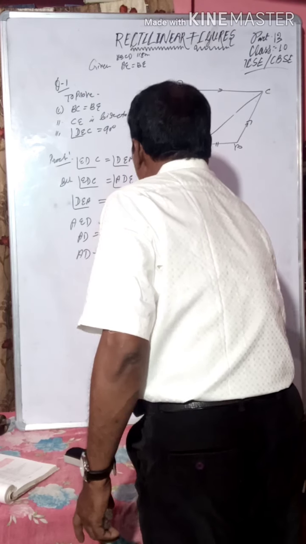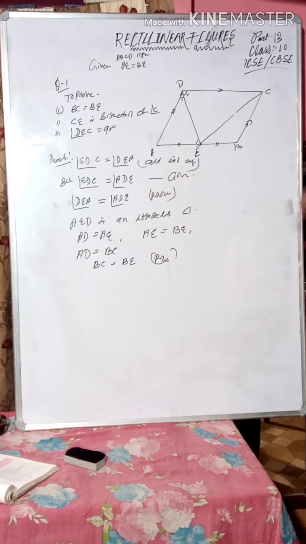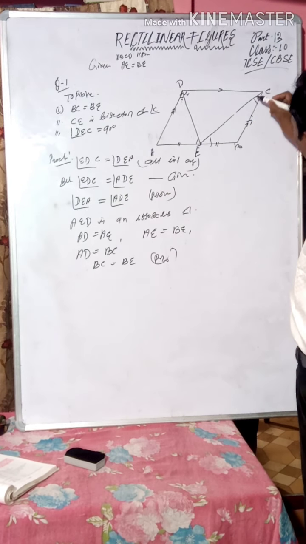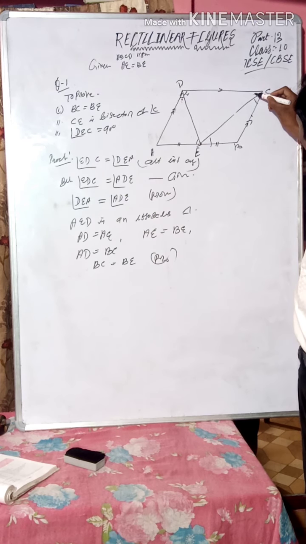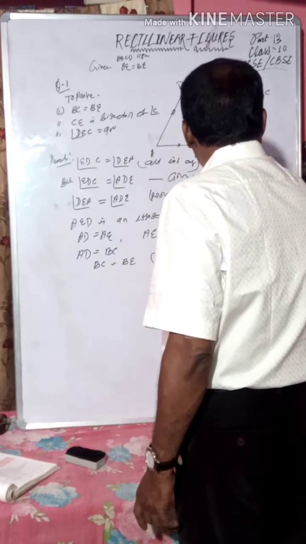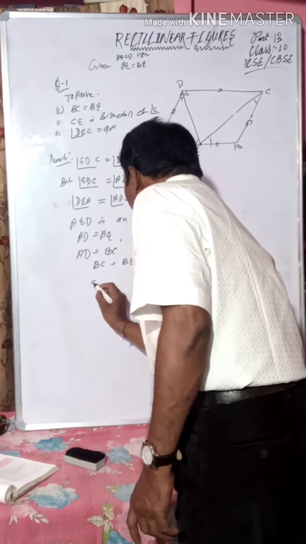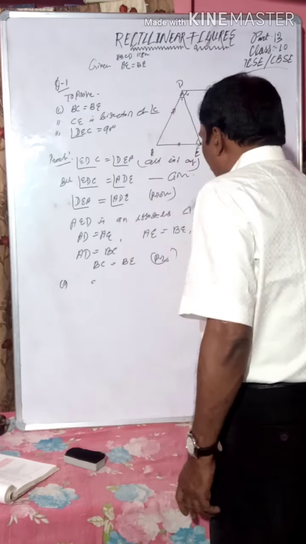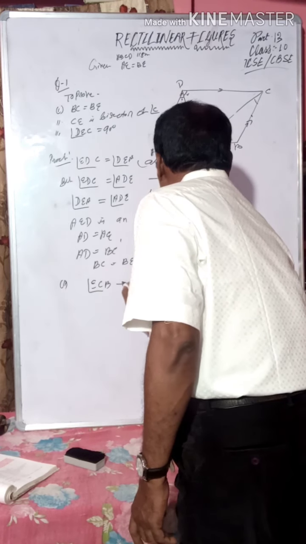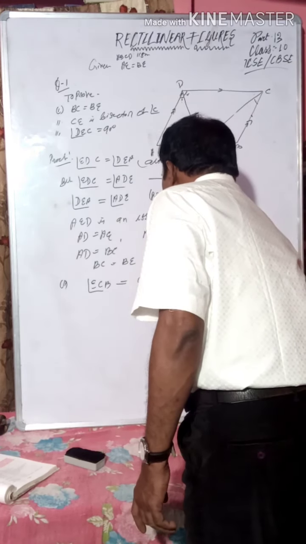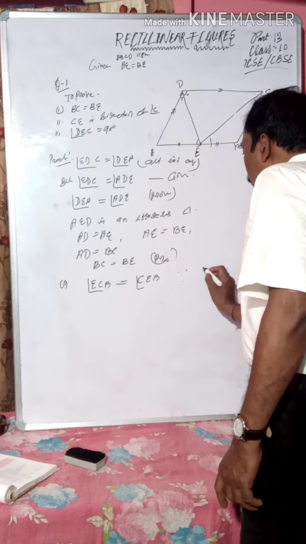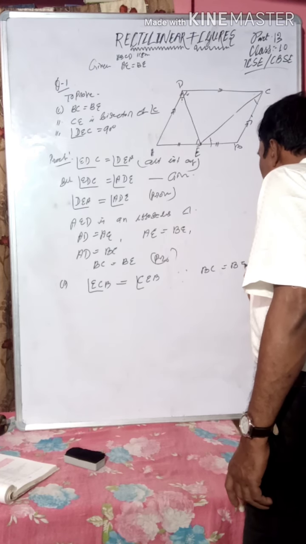Proved. And second, CE is the bisector of angle C. As this is equal to this, this angle is equal to this angle, meaning angle ECB is equal to angle CEB, as BC is equal to BE.